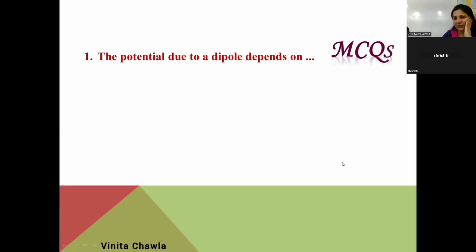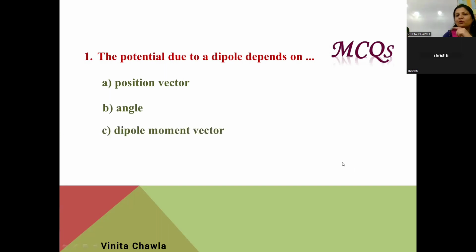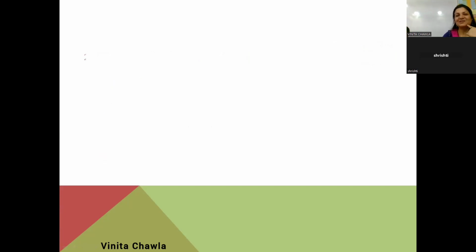Yes. So in this potential, P is Q into 2A, right? Charge into the distance between the charges. So potential due to a dipole depends on position vector, number 1; angle, number 2; dipole moment vector, number 3; all of the above. All of the above. Very good. Next question.